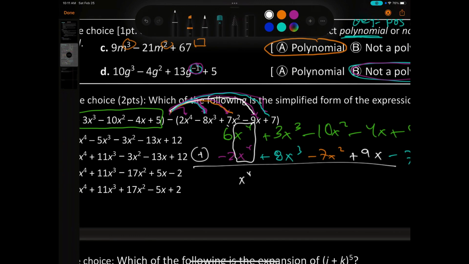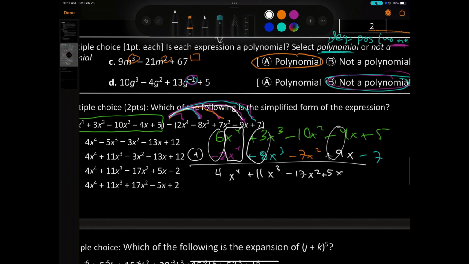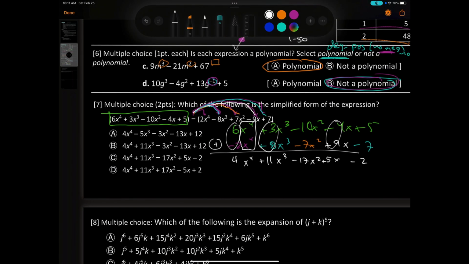And then you just do the number in front. 6 minus 2 is 4. 3 plus 8 is 11. X to the third. Remember, you don't change the exponent. Use your calculator, 5x, and this would be negative 2. And so then your correct answer would be C. Did I get it?